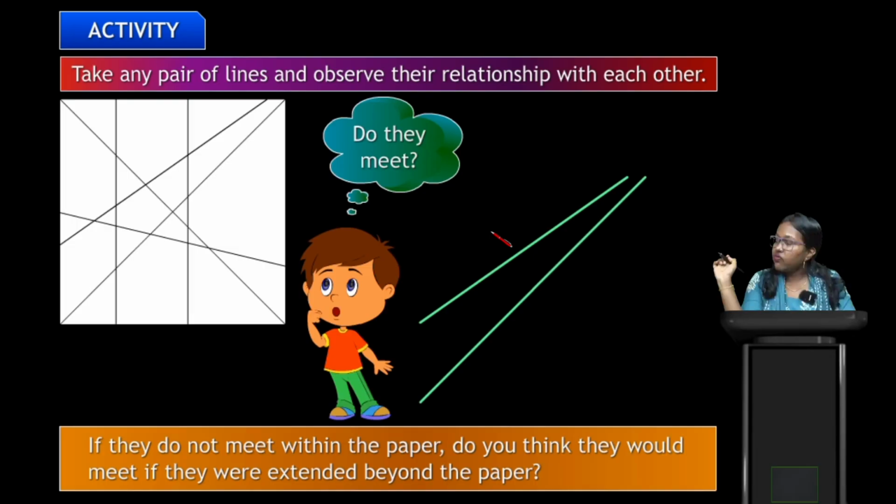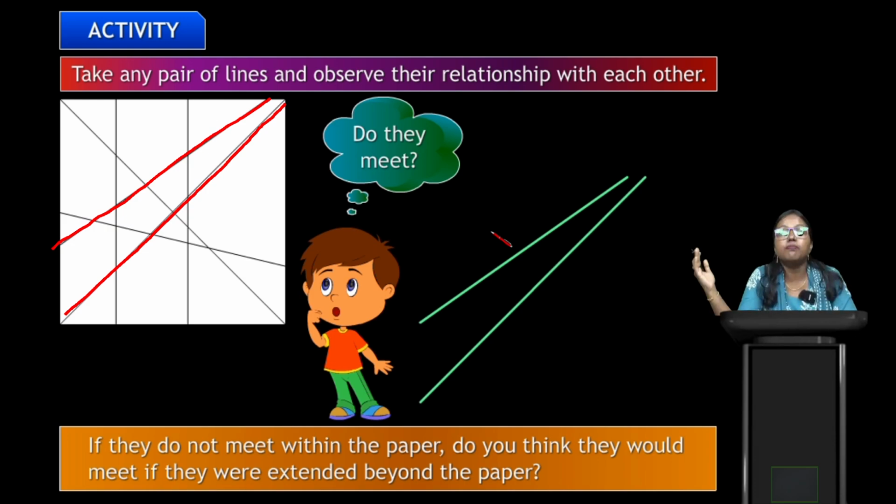So what will happen? Suppose within the paper they are not meeting, here are the lines, this line and this line. Within the paper they don't meet, but do you think they would meet if they were extended beyond the paper? What is your observation? If you extend both lines beyond the paper, will they meet?